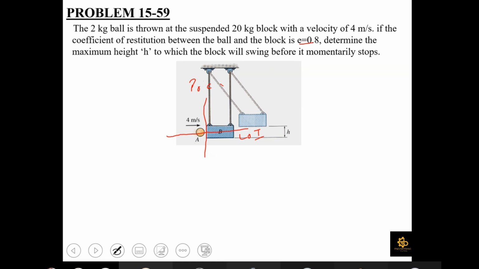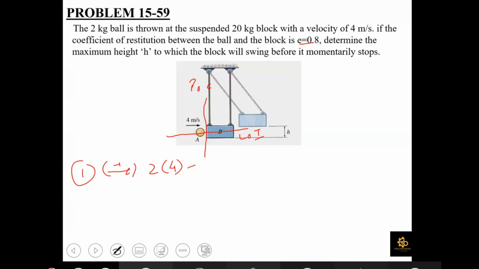So once we have recognized that it is a case of central impact, applying step number one on this problem, that is the initial momentum of the system along the line of impact should be equal to the final momentum. So as far as the momentum of this ball is concerned, it is going to be 2 multiplied by 4, where 2 is the mass of this ball and 4 is the velocity of this ball.